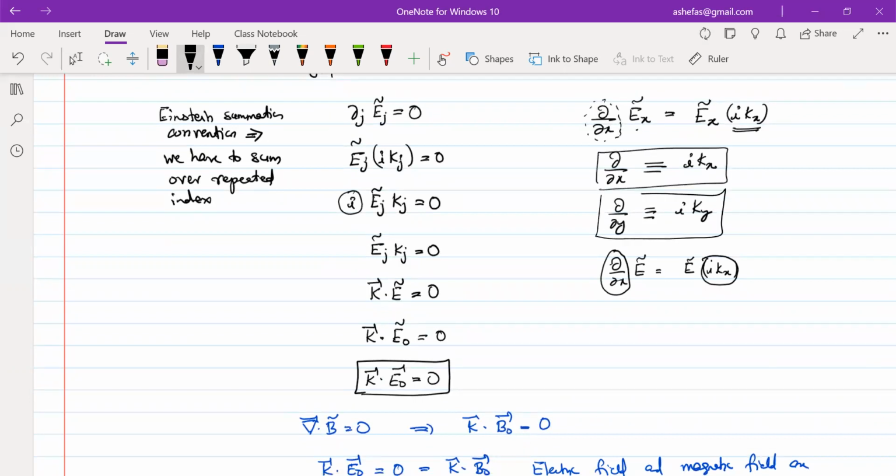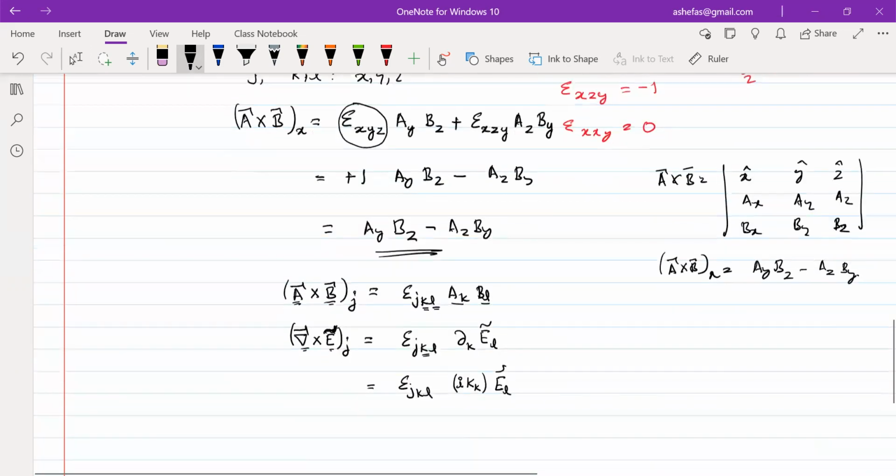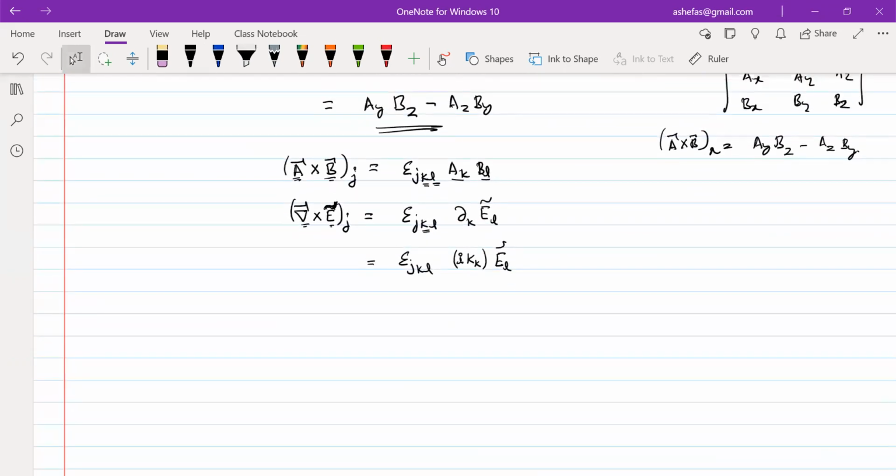So the derivative is equivalent to I times the corresponding component of k. It is the kth component of k, that is why I wrote KK EL. So this I can be taken outside. It becomes epsilon JKL, the kth component of the k vector and the lth component of the electric field vector.